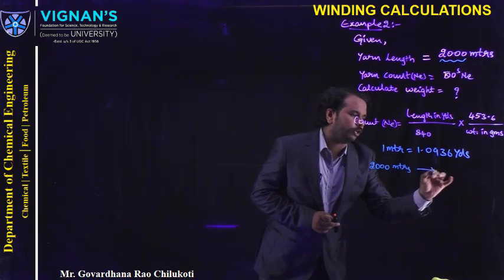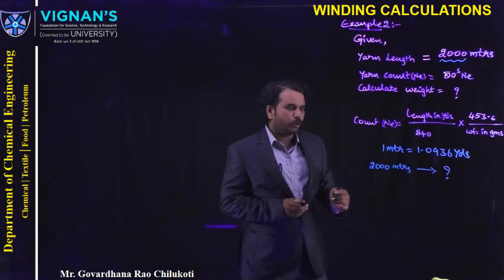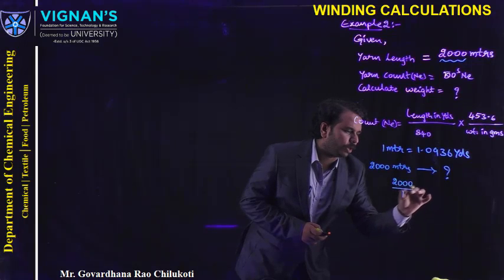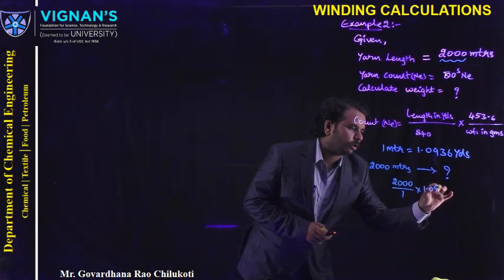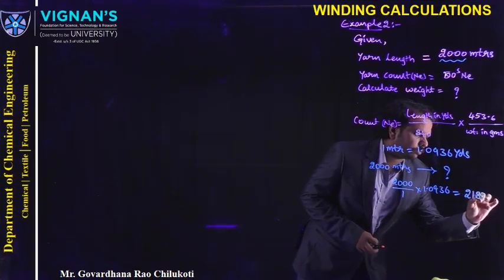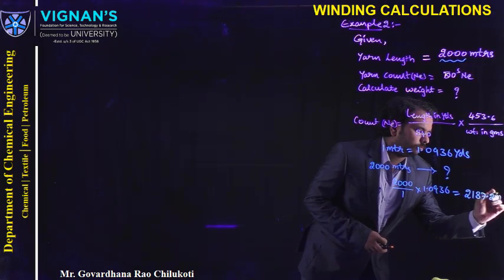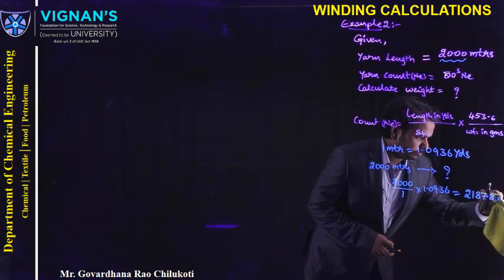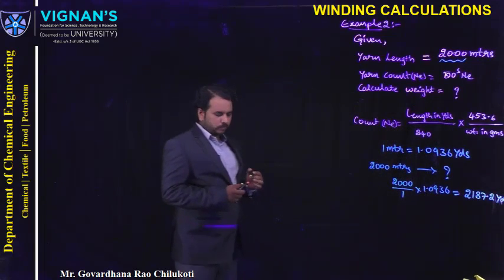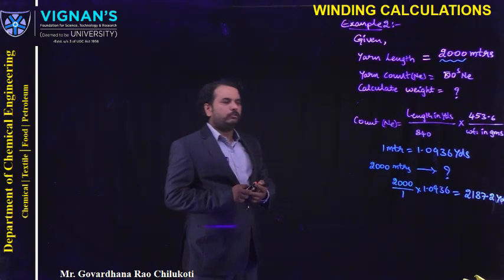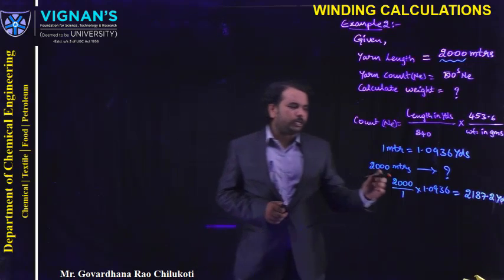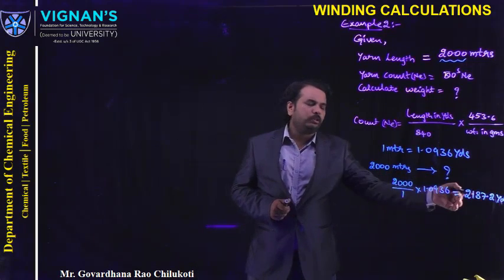We need to convert into yards, so 2000 divided by 1 multiplied by 1.0936 is equal to 2187.2 yards. So here I have converted 2000 meters into the number of yards.